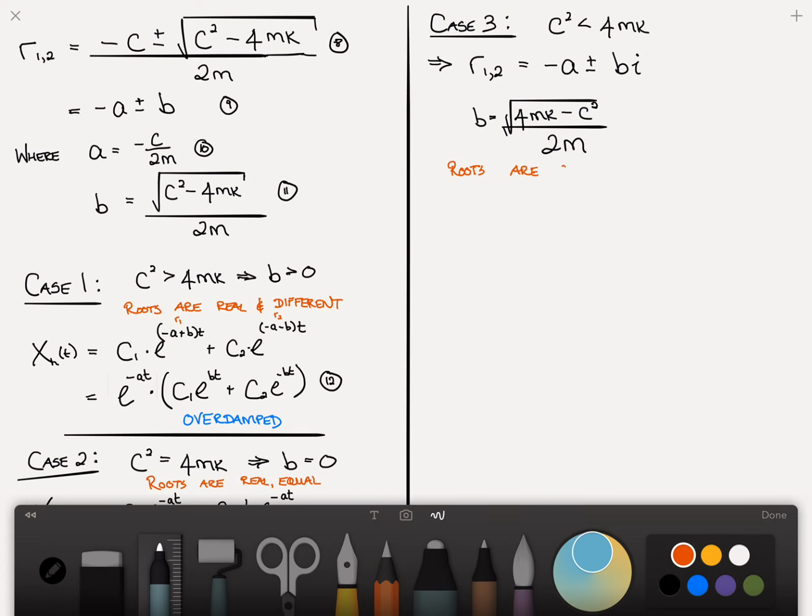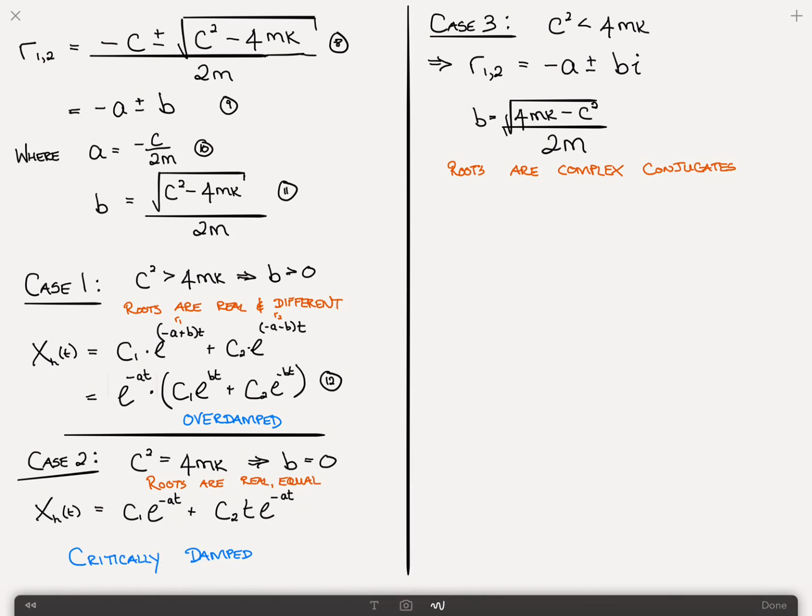So they have a real part and they have an imaginary part. And the two roots, what we're adding, the imaginary part and subtracting, are exactly the same. Okay, and this is a situation that's known as underdamped, if we look at the mechanical vibrations problem.